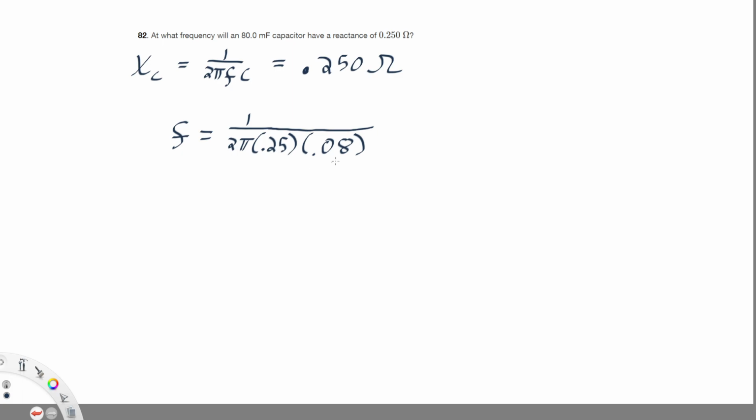So we have 1/4 times 0.08, that's going to be about 0.02, and 2 pi is about 6.28. Right, so this whole thing is what?